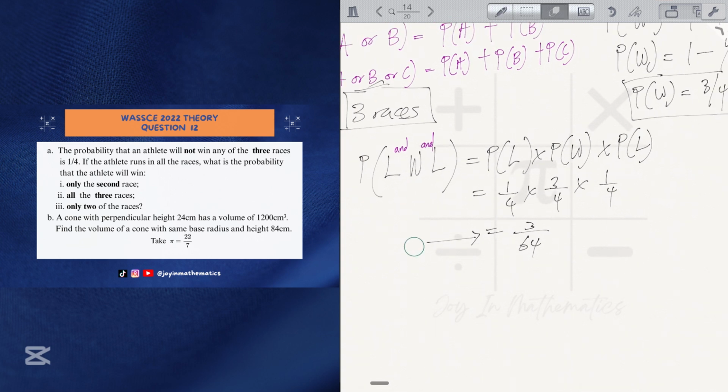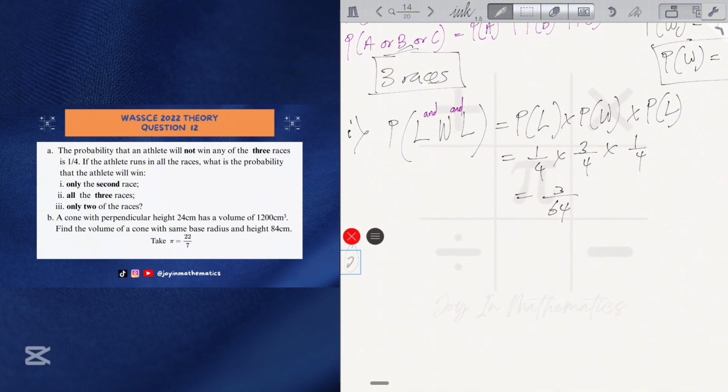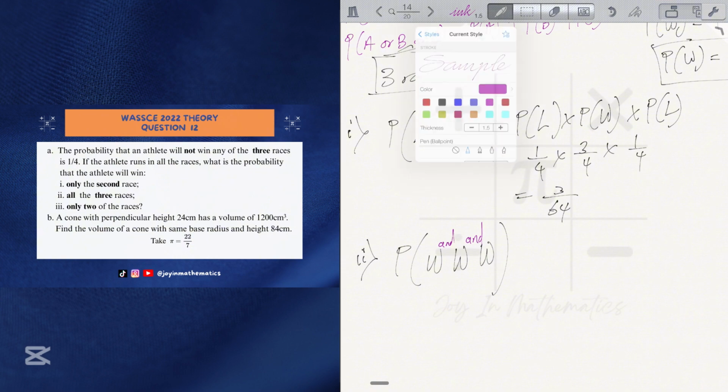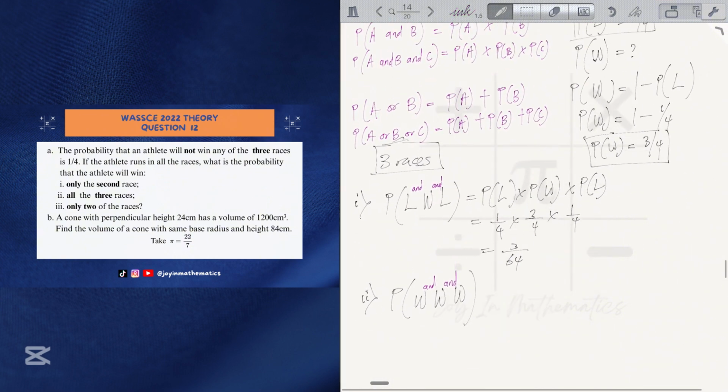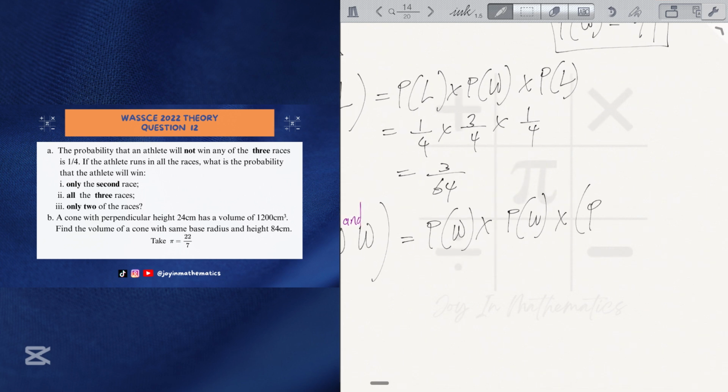So let's erase this and let's move to the next question. The next question, that's (ii), says what is the probability that he will win all the 3 races? So that means he's winning the first, and he's winning the second, and he's winning the third. Remember, and. So applying this principle just as we applied in question (i), we will have that the probability of winning all the 3 races will be probability of winning multiplied by the probability of winning, and also multiplied by the probability of winning.